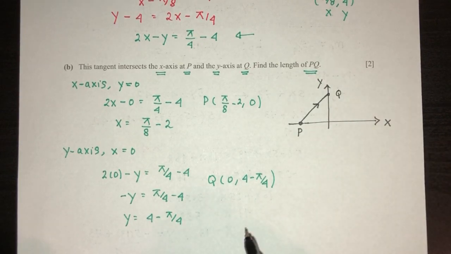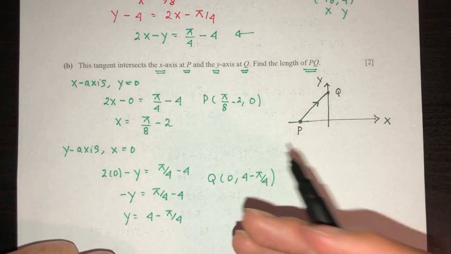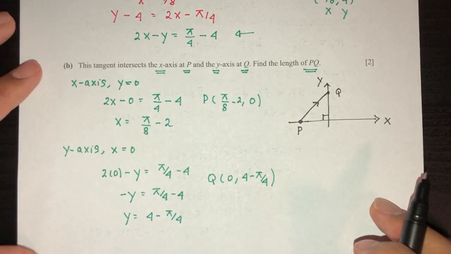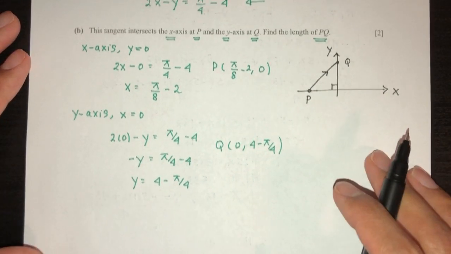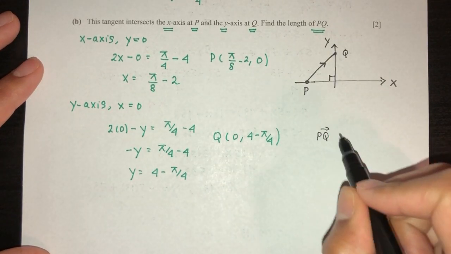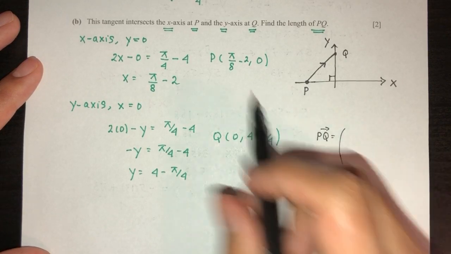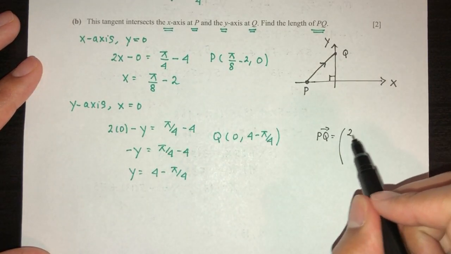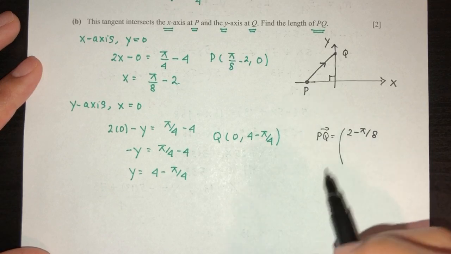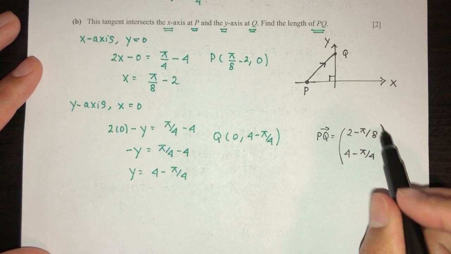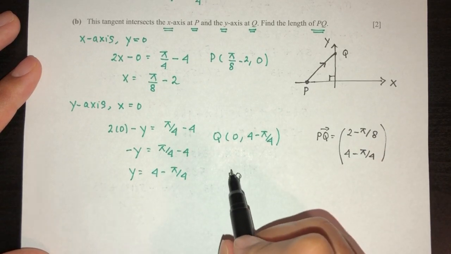Okay, so you can find this by just using your formula, or you can just use the Pythagoras theorem. But let's be safe and use the formula. To find the length of PQ, we can first find the vector PQ. That will be OQ minus OP: 0 minus this gives 2 minus pi by 8, and then this minus 0 should be the same thing. Now to find the length, you find the magnitude of this.